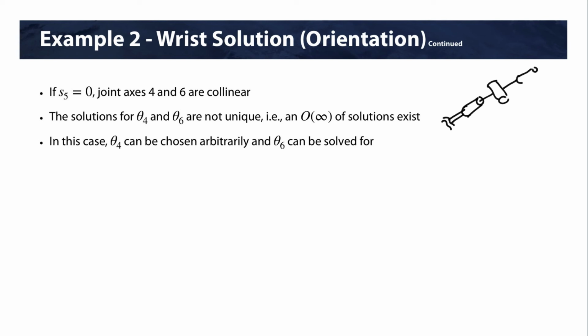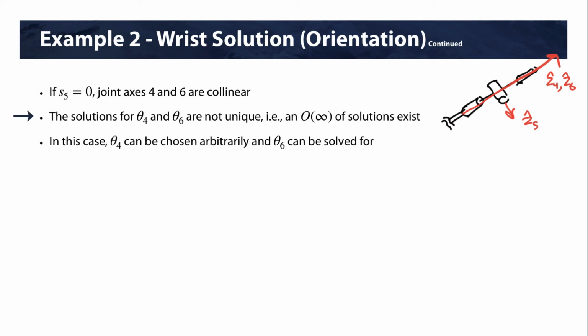So when S5 is equal to 0, joints 4 and 6 are collinear. This would be Z4, this would be Z6, and this would be Z5. So we'd have these two axes collinear.